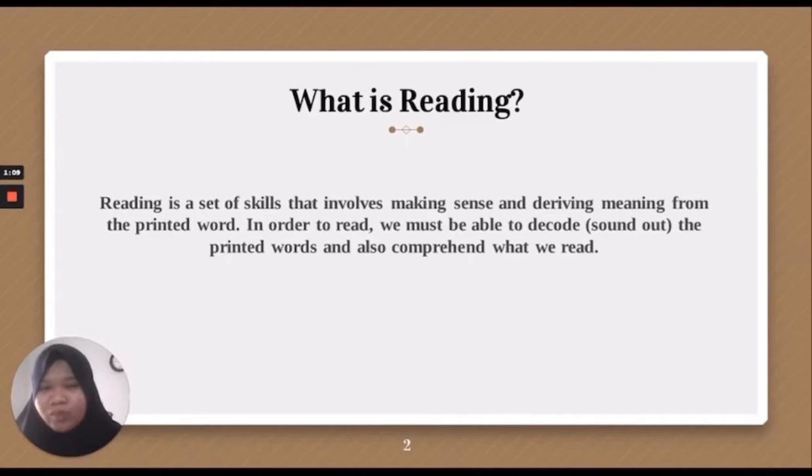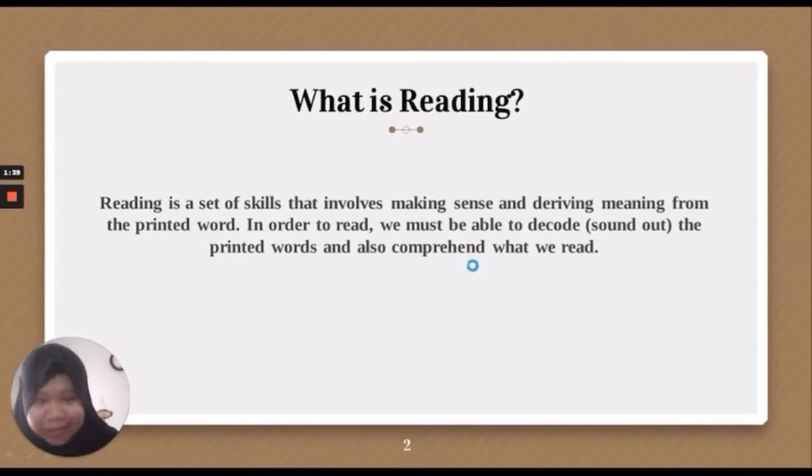So, from what we see here, we can conclude that reading is not just knowing the words individually or knowing how to read them, but we have to comprehend and know the meaning of it as a whole, not just this word means this, but we have to know the meaning of the whole thing as a cohesion.